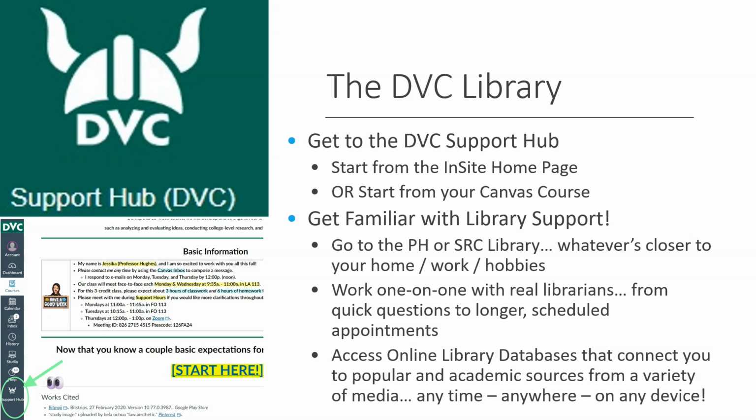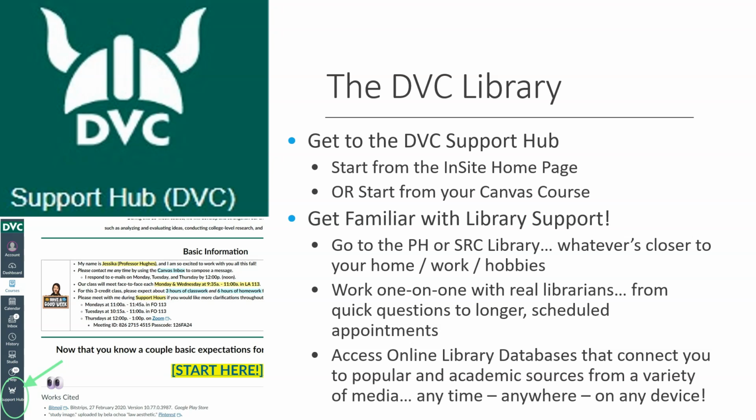Of course, we want to send you all to the DVC Library, such a wonderful source of a wealth of information. To get into the DVC Library online, you can go in Insight, you can go to the DVC Support Hub, or from inside of a Canvas course, you can also find the DVC Support Hub.